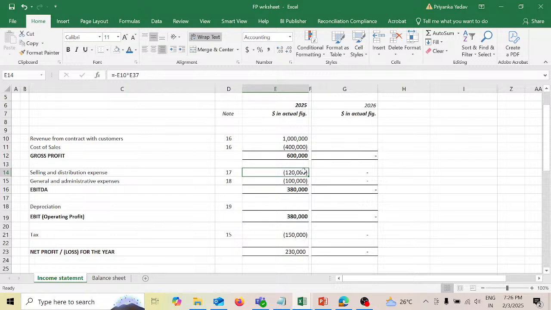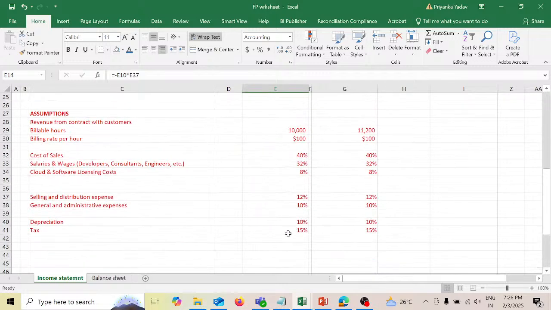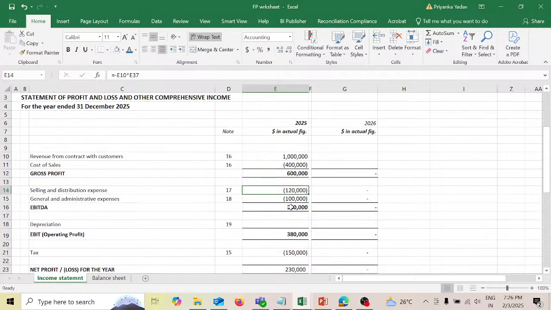Now if you see your selling and distribution expenses, I've given the rates over here. This is 12% of the revenue, and your general and administrative expenses are 10% of your revenue. Once you provide the assumptions, the figures get calculated straight away on the basis of your revenue.